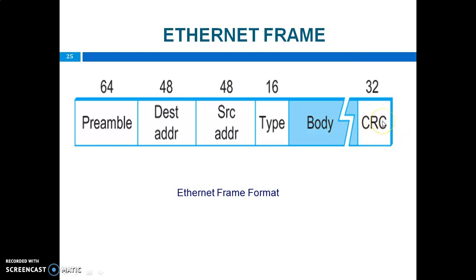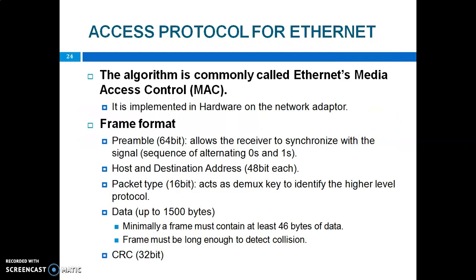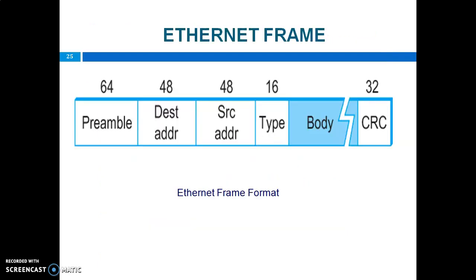You may be aware of this; it is used for detecting errors. The preamble is allocated 64 bits, destination address 48, source address 48, and the type is 16, the body depends on the content, and 32 is for CRC.